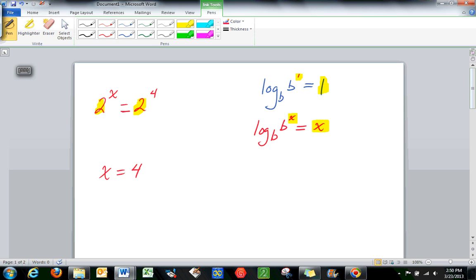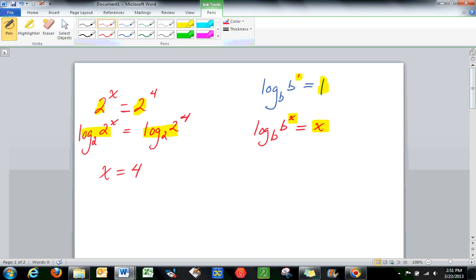If I have a base 2 being raised to the x power, if I make this log base 2, then that's in essence going to give me the same property. Log base 2 of 2 to the x, and of course if I do it to this side, I've also got to do it to this side, which is the 4th power. And then ultimately these cancel out, leaving me roughly x on the left side and 4 on the right side.